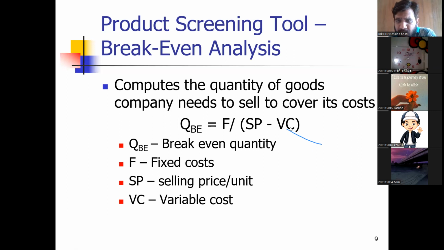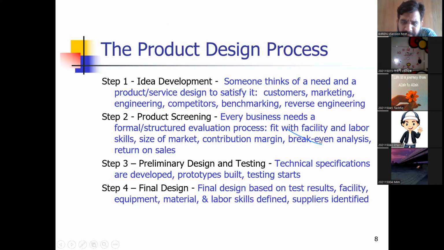সেলস প্রাইস মাইনাস ভেরিয়েবল কস্ট is, this is known as contribution margin. What is the definition of contribution margin? Difference between sales price and the variable cost is known as contribution margin.